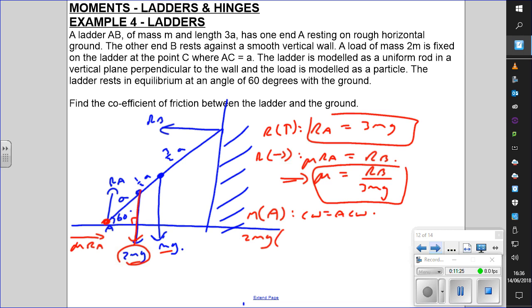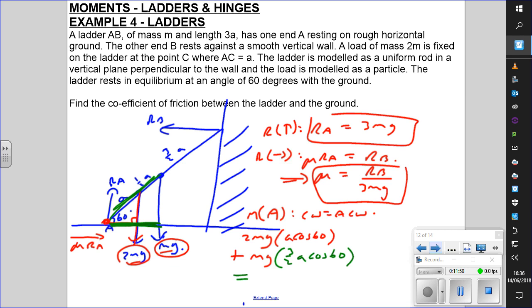So my hypotenuse is A, and the distance I'm looking for is next to 60, so cos 60, plus next force, mg. Here's the distance I'm looking for. Here's the hypotenuse, so careful of your triangles. So 3 over 2a, it's next to 60, so cos 60, right?